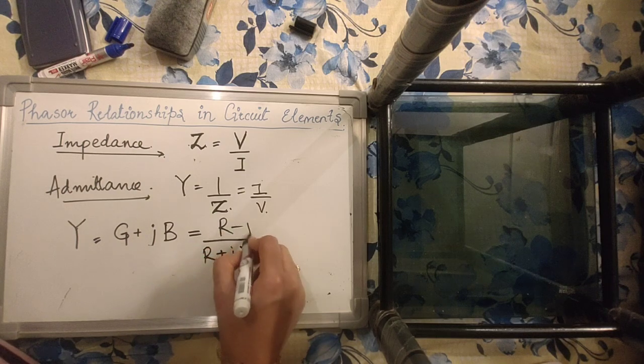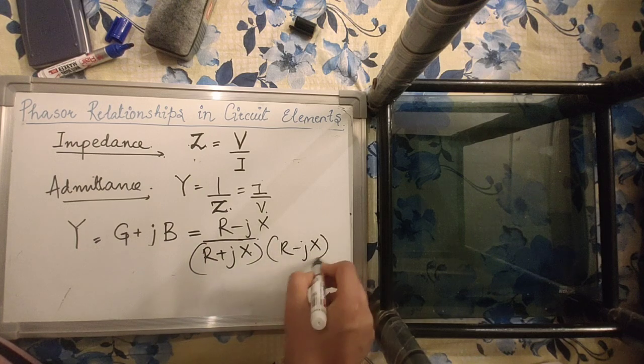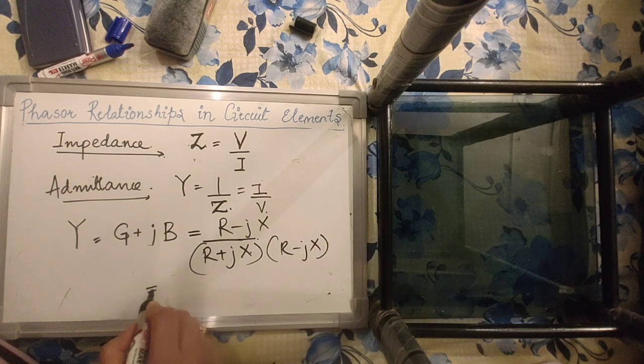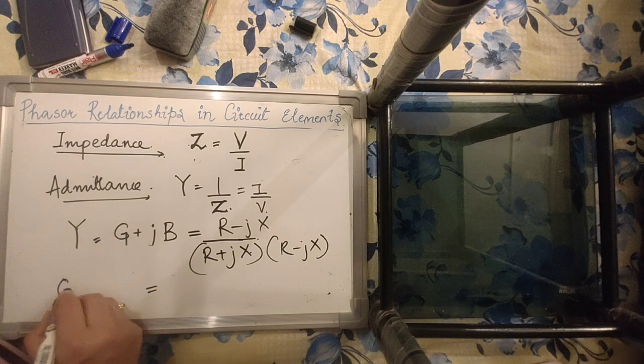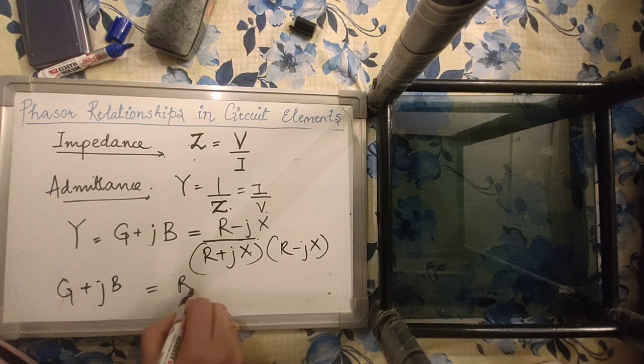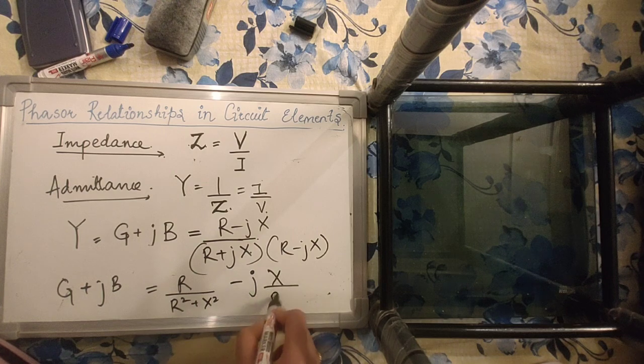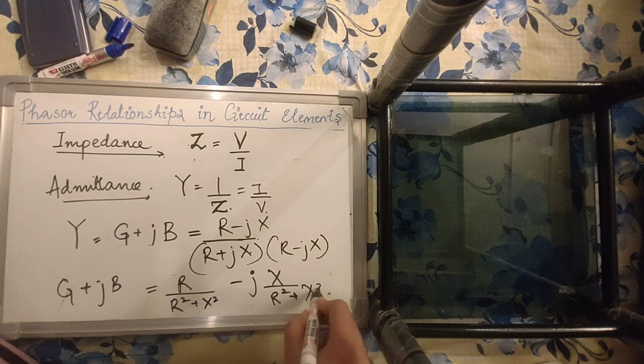If I multiply it by R minus jX on the numerator as well as denominator, then I will get G plus jB is equal to R upon R square plus X square minus j times X upon R square plus X square.